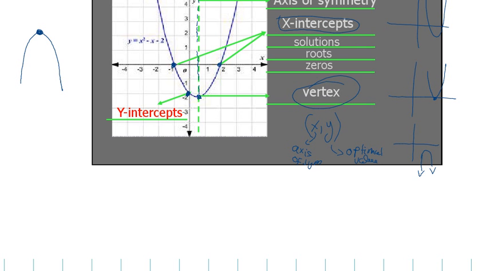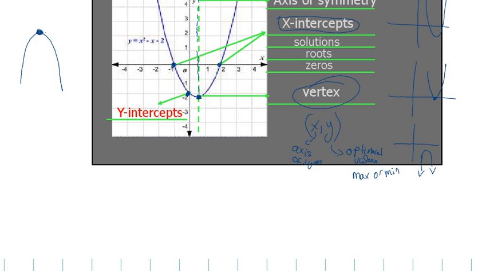It depends. In this case, it's a min. In this case, it's a max. So the optimal value could be either a max or a min. It depends on if your graph opens up or if your graph opens down.